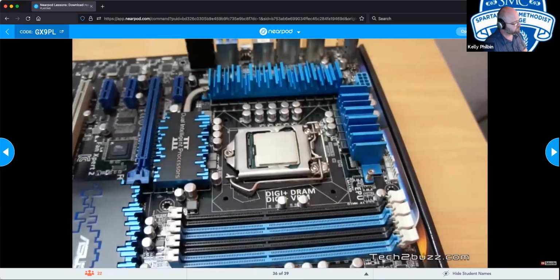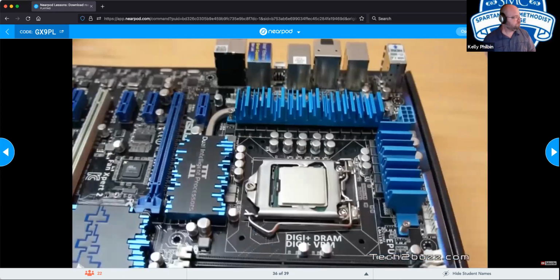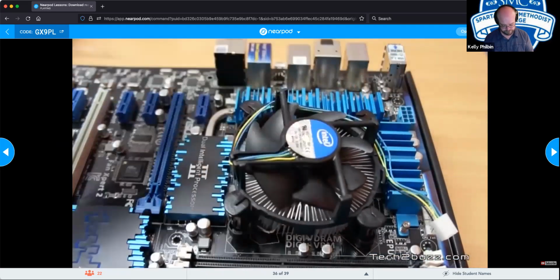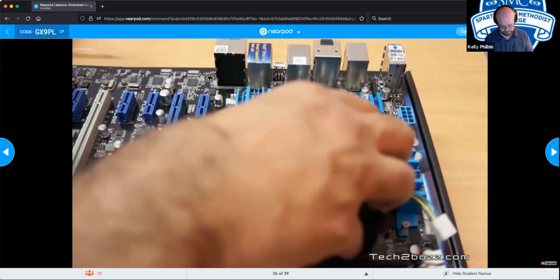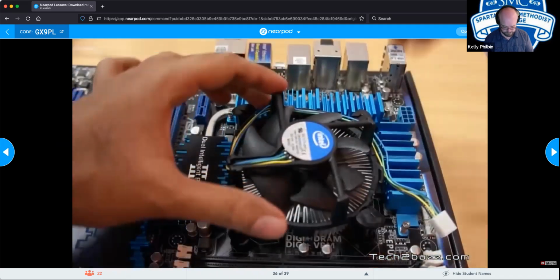Let me zoom in a bit so you get a better view. What we do is gently place this over the four holes approximately, and those four pins should just go down gently.